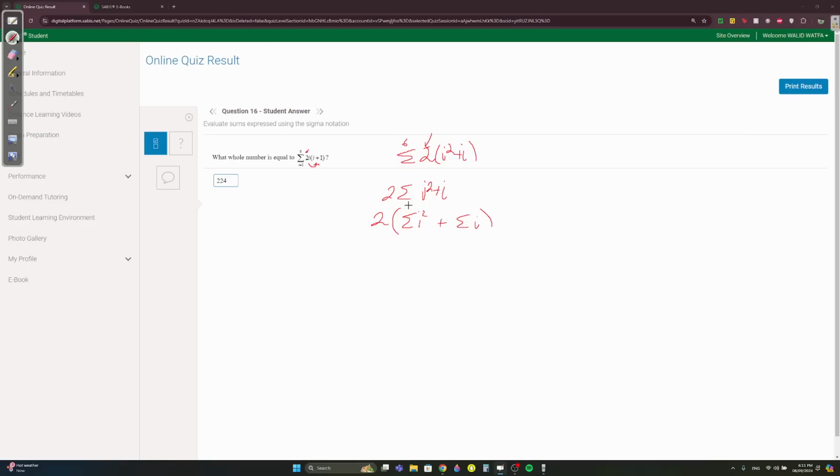Anyway, up until 6, sigma i squared is n(n+1)(2n+1) over 6, and sigma i is n(n+1) over 2.